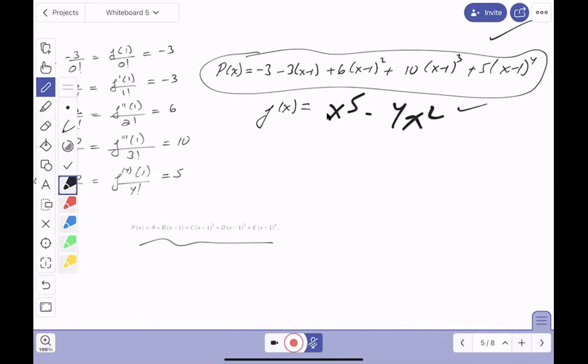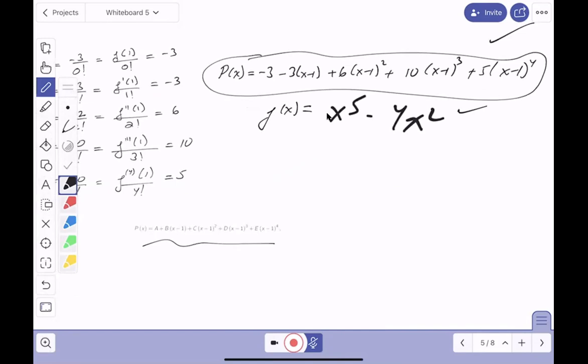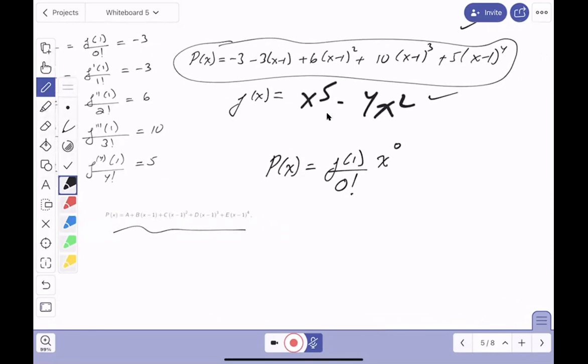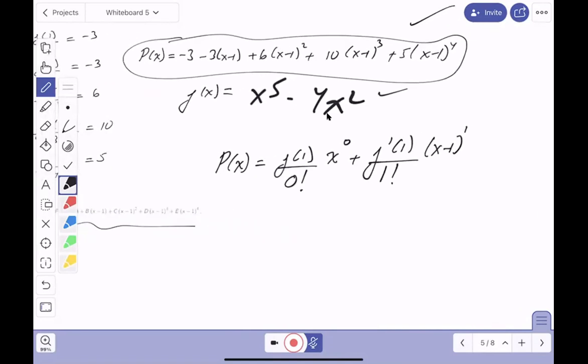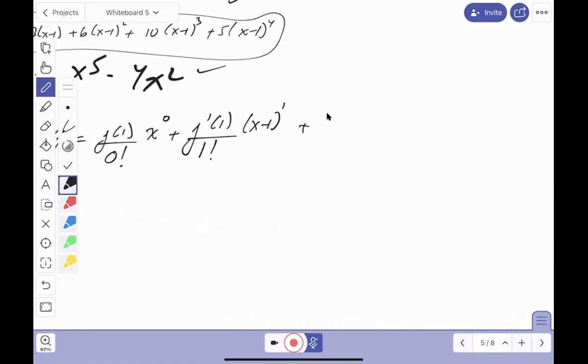But before I do that, I want to write down the pattern I'm seeing. And I'll write it over here for you. f of 1 over 0 factorial x to the 0 plus f prime of 1 over 1 factorial x minus 1 to the first power. Next one, what do I see?